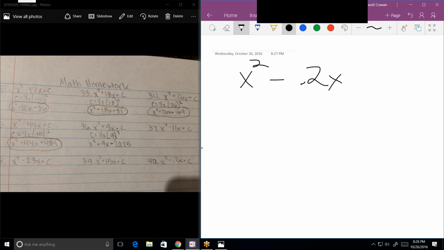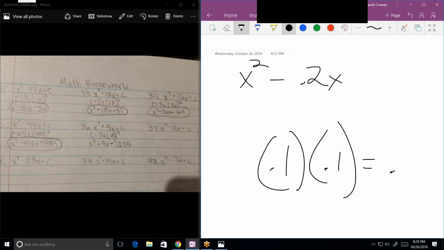Methodology is you take half of this number, and then you square it and add it. So what's half of that number? 0.1. Square that. What's 0.1 times 0.1? It's 0.01.